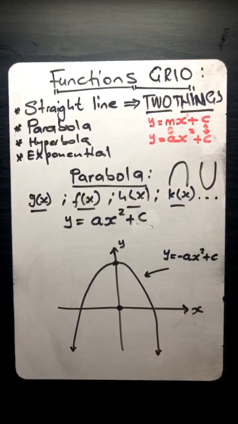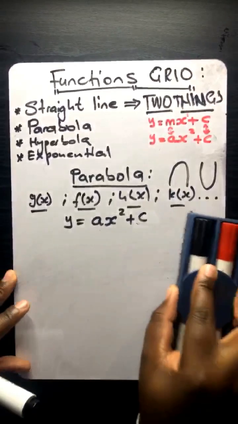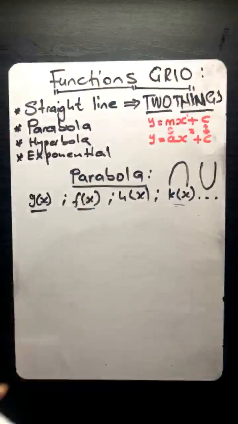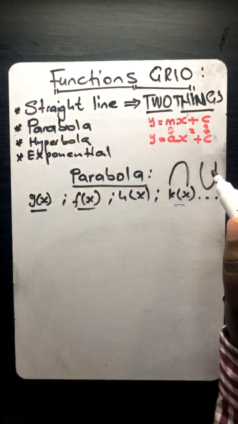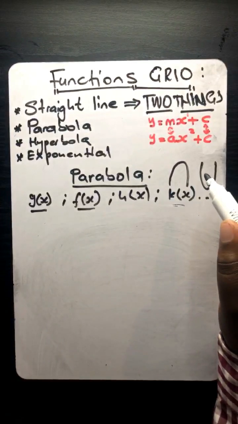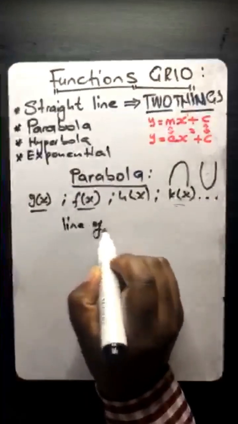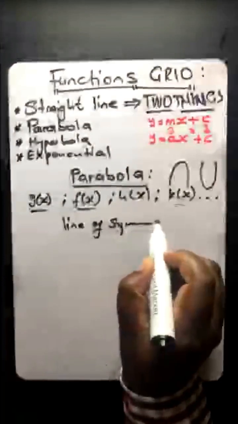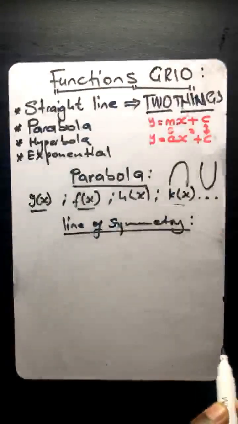I hope you guys are able to notice that. In addition to what I've just explained, let me also include something very important: what we call the axis of symmetry or line of symmetry. What did I say about that?